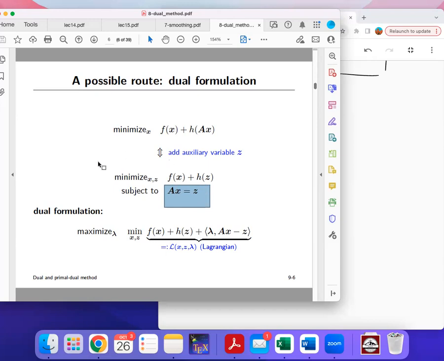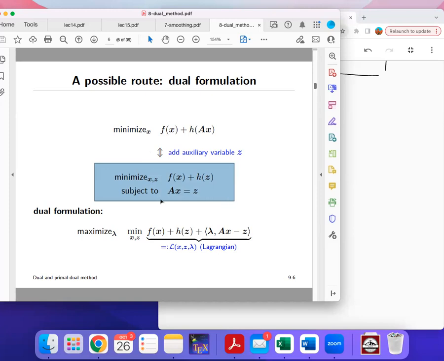And then in the following, we define the dual formulation of this equality constraint reformulation. This is a reformulation: we reformulate the original problem into an equality constrained problem, so from here it is easy to see they are equivalent. For this equality constraint form, we further define the dual formulation as follows.